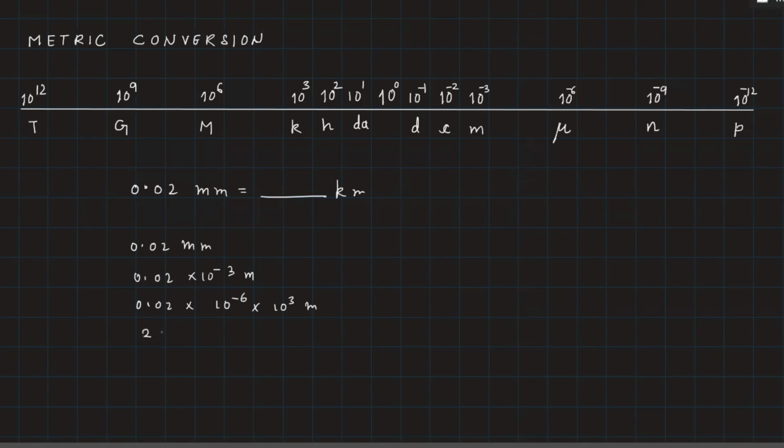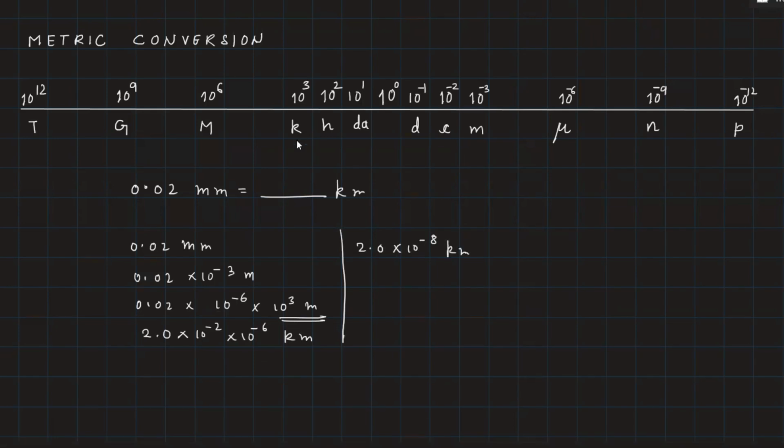And 0.02, if it is written as 2.0, then there will be a minus 2 because the decimals have to be shifted to the left. And here we have a minus 6, and this thing has become a kilometer. So the answer is 2.0 into 10 to the power minus 8 kilometers.